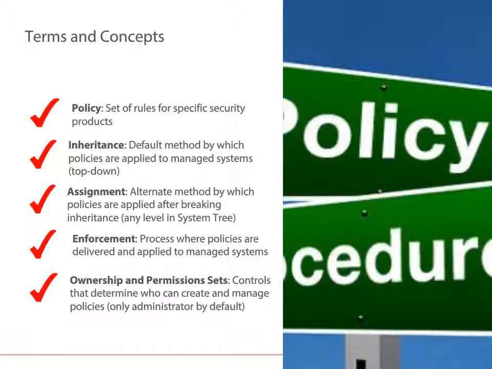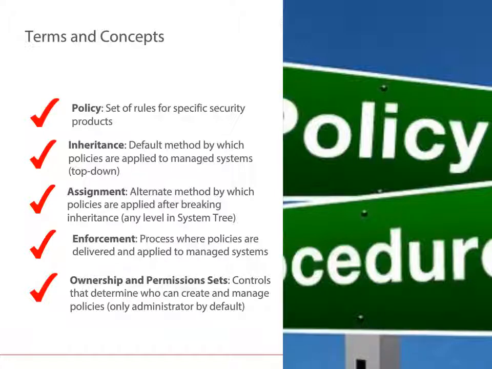Now, assignment is how we actually assign the different policies. What is the method that we use to make sure that the systems get their correct policy? You can assign the policy at a group level, you can assign it at a system level, or you can create a rule assignment for policies.